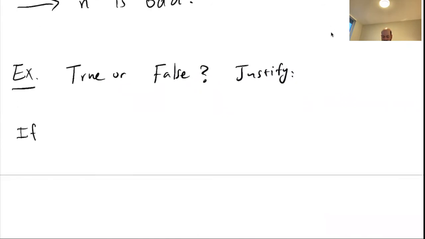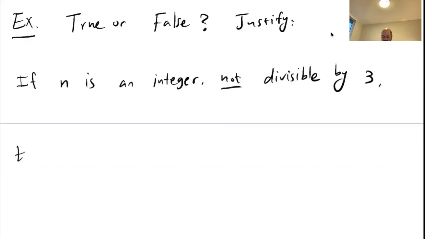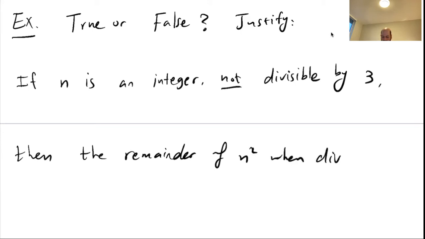So let's say if n is an integer not divisible by 3, then the remainder of n squared when divided by 3 is 1.